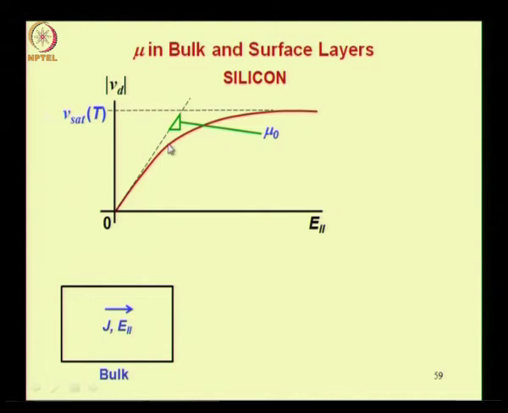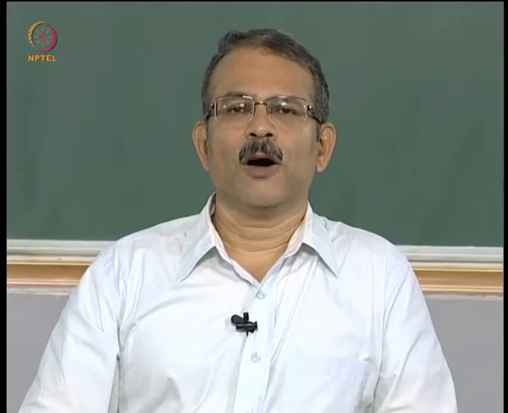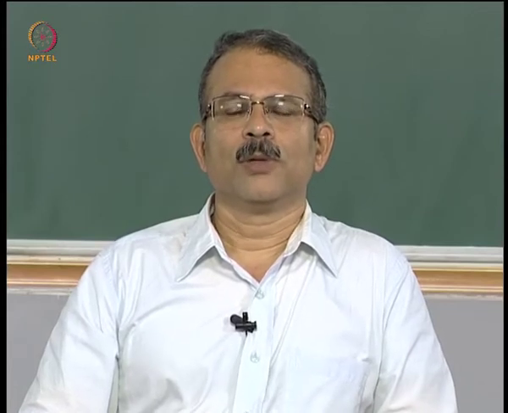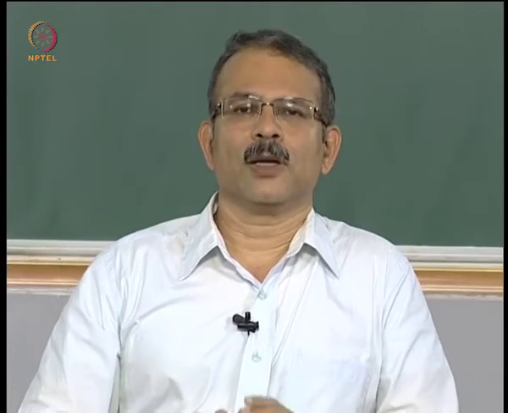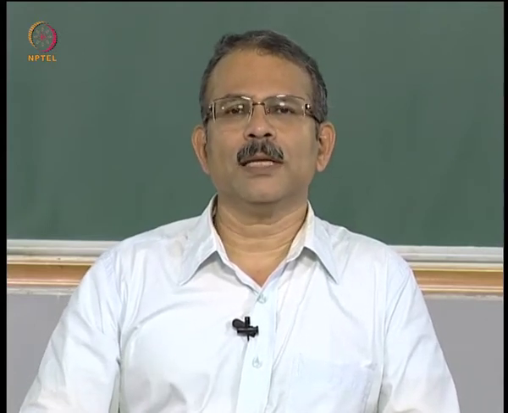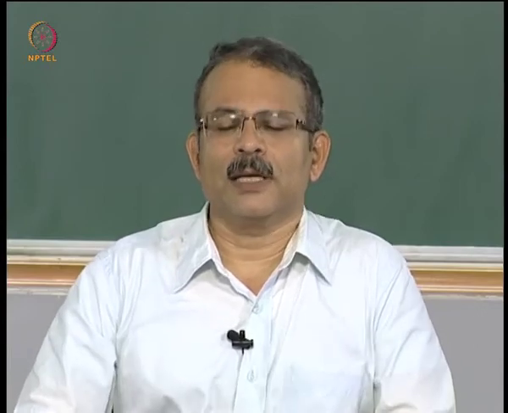Your velocity would go up beyond the saturation velocity, and then in some region it will fall down to the saturation velocity, showing a negative resistance region. So our description of the mobility would be related to silicon, because silicon devices are more prevalent. At the end we will also very briefly discuss the gallium arsenide velocity field curve.